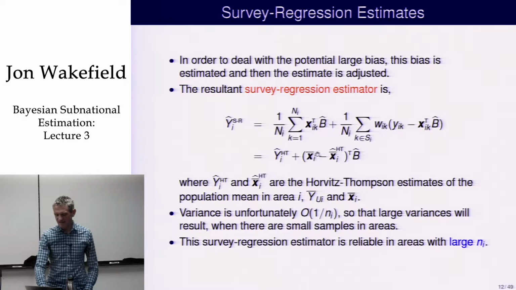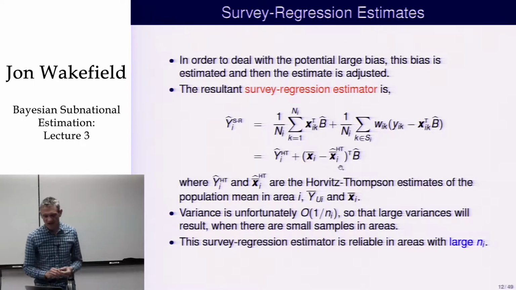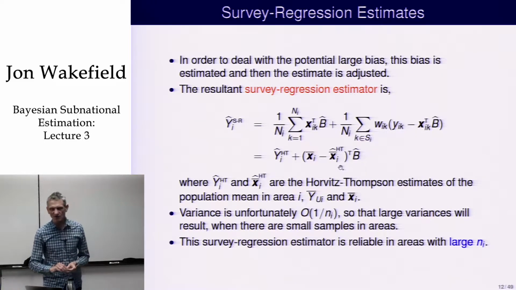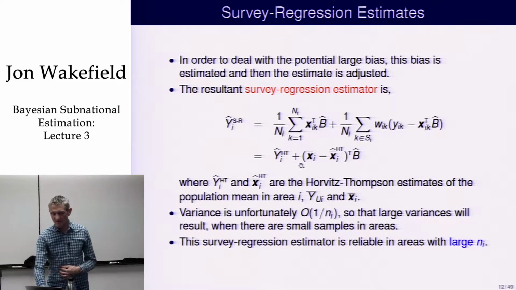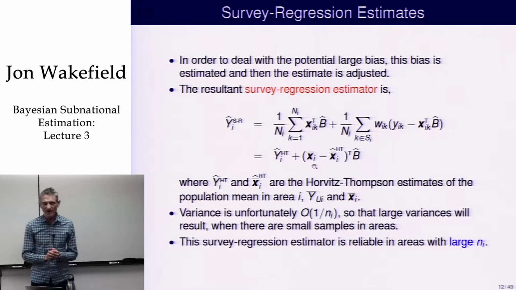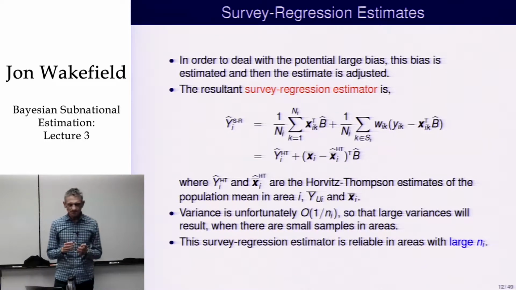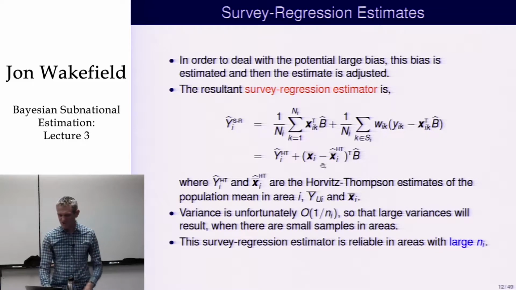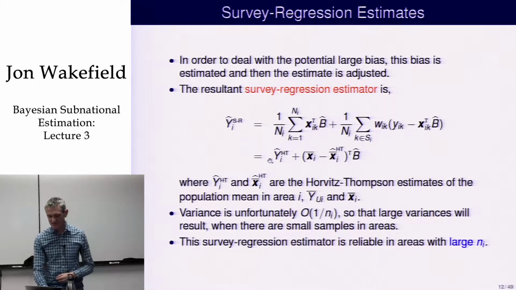So we're basically using the samples to estimate the average of the covariate in the area. We know the true covariate mean in the area. So the difference between the two is in some sense how far off our sample is. If we got, quote unquote, a good sample, these two estimates will be close and this estimate will be good.